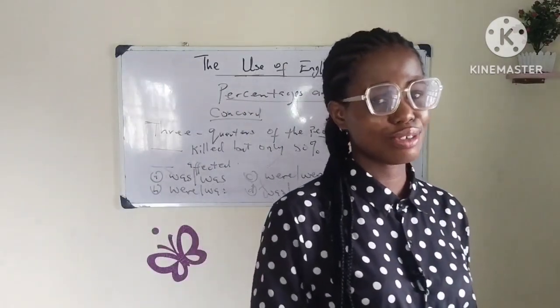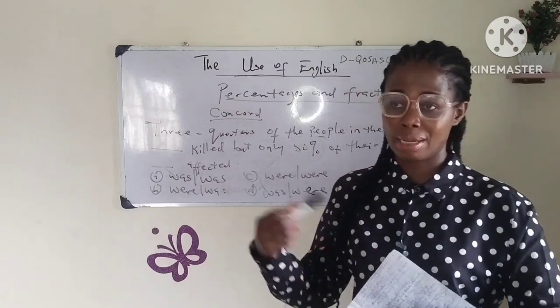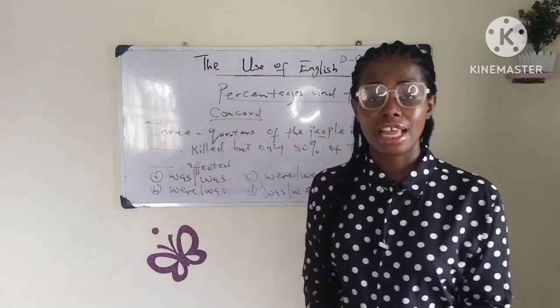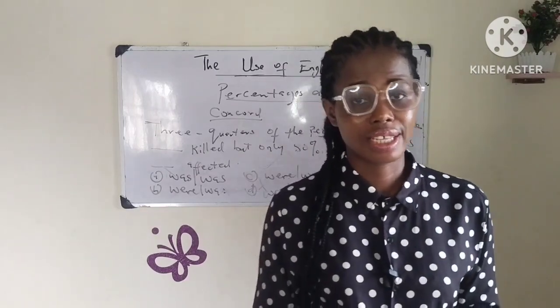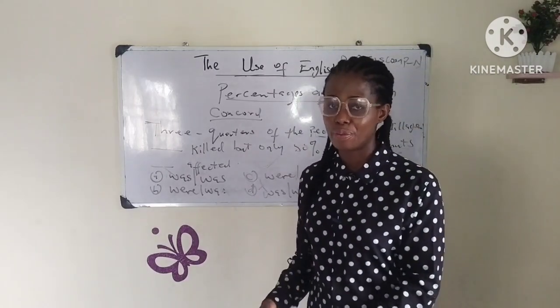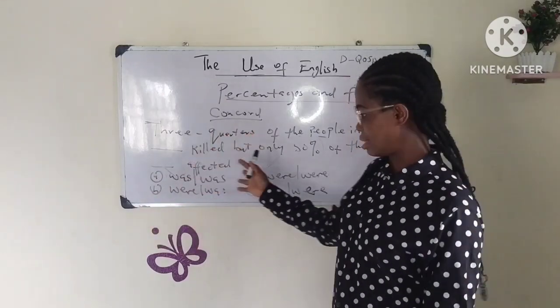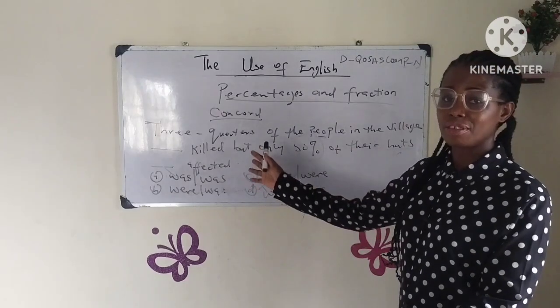So all you have to do is look at the first noun. If there are multiple nouns that come after the fraction or the percentage, the first noun that comes after the fraction or percentage is what you should focus on. In this example we have two gaps, two different clauses.